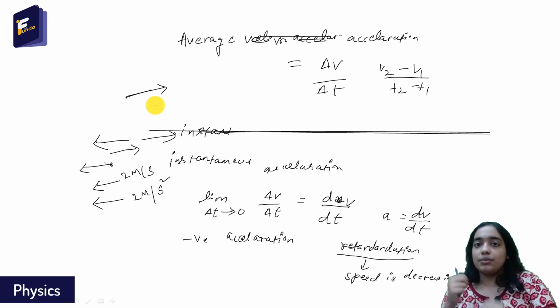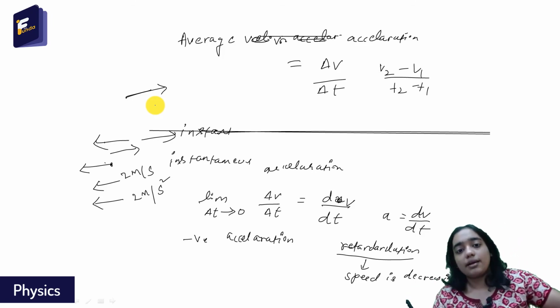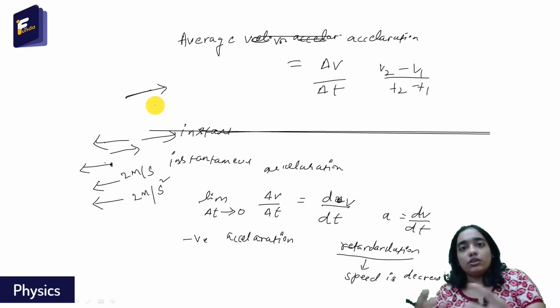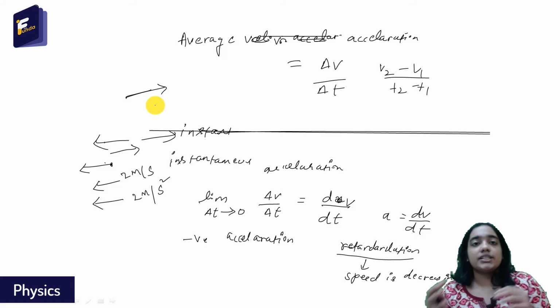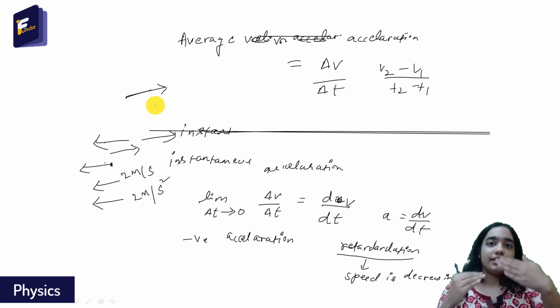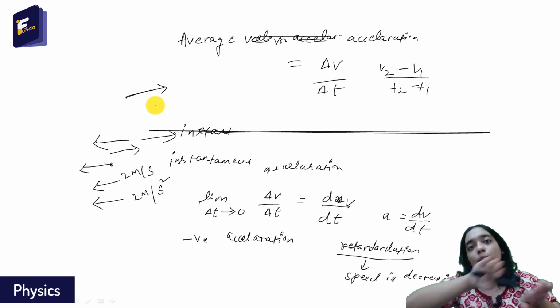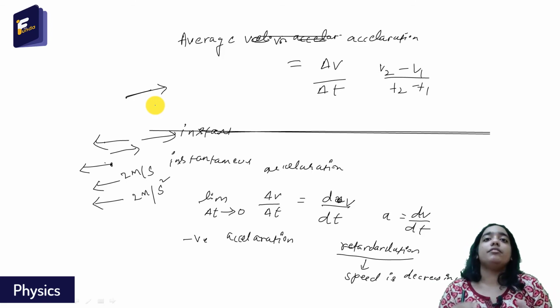That means the person will run faster. If a ball is rolling like this and I am pushing it in the same direction, then obviously the speed of the ball will increase. Similarly, if the velocity and acceleration are in the same direction, then the speed will increase. And if the velocity and acceleration are in opposite directions, then the speed will decrease.